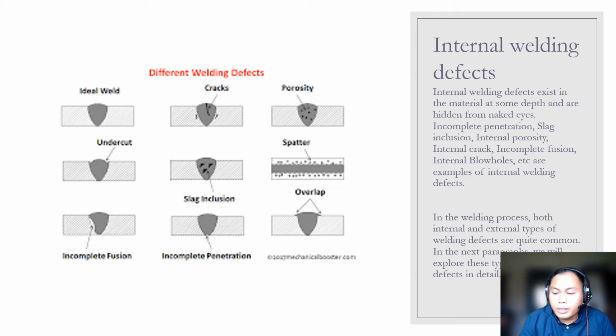Incomplete penetration, slag inclusion, internal porosity, internal crack, incomplete fusion, and internal blowhole are examples of internal welding defects. In the welding process, both internal and external types of welding defect are quite common. In the next part, we will explore the types of welding defect in detail.